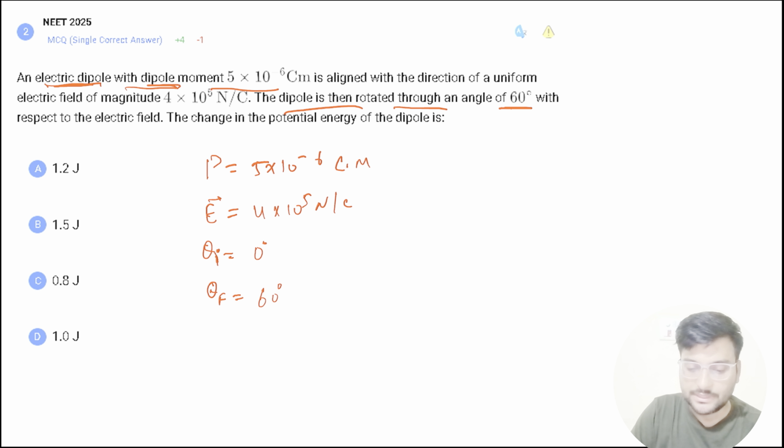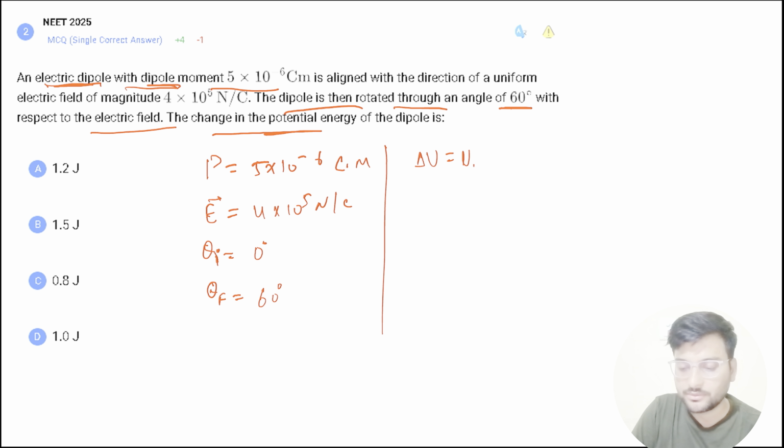Now they ask what is the change in potential energy. That is U final minus U initial. So we can say minus PE cos theta final minus of minus PE cos theta initial, right?